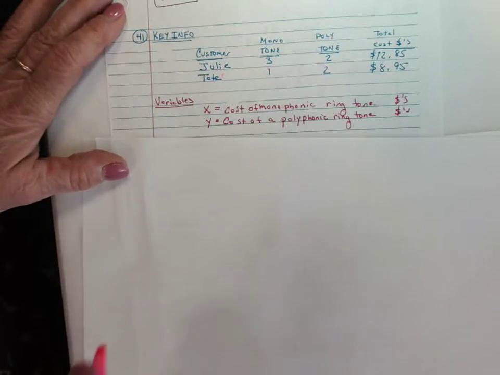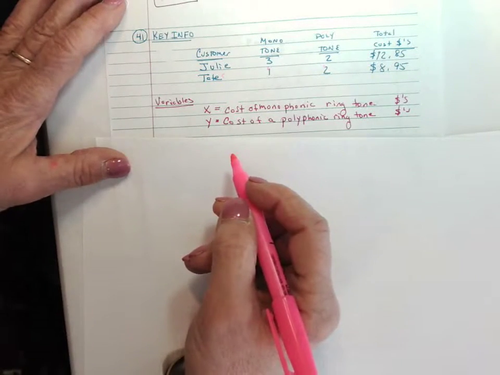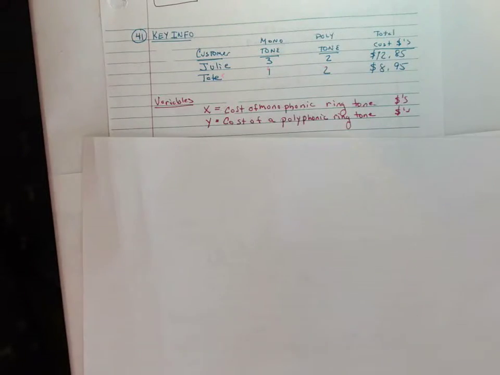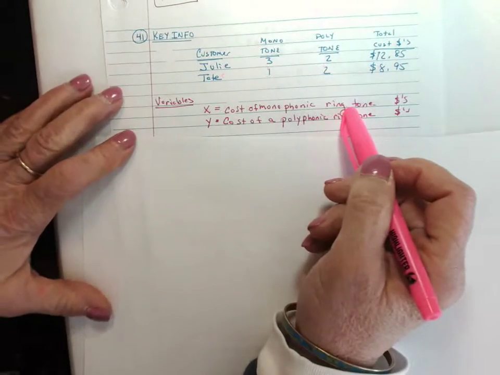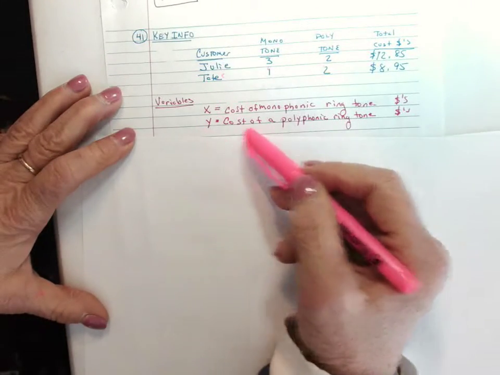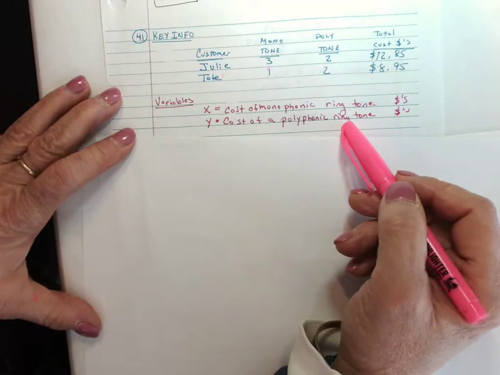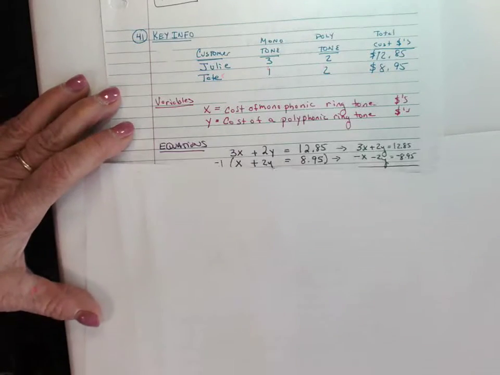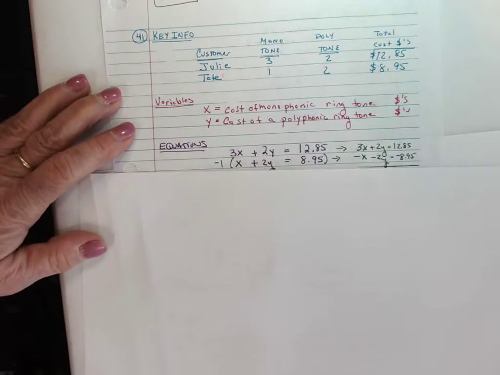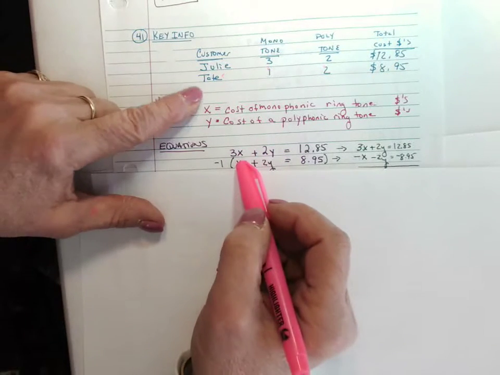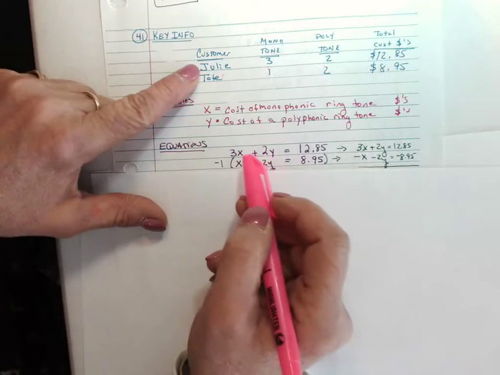So based on the question, you wanted to find out how much the ringtones cost. So you define 2 variables. In this case, I defined X, which is the cost of the monophonic ringtone. Remember, units is dollars. Y, the cost of a polyphonic ringtone, is dollars. So then you have an equation for Julie and an equation for Nate.